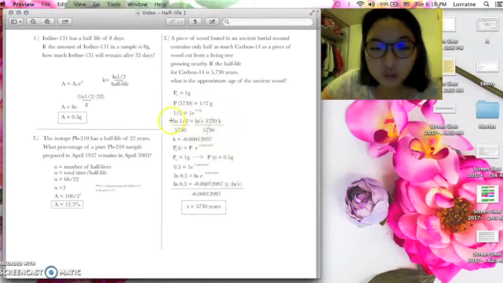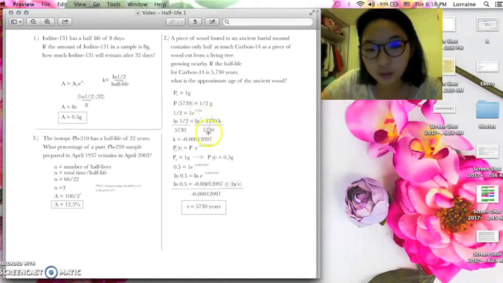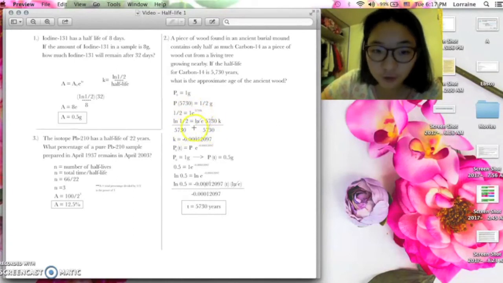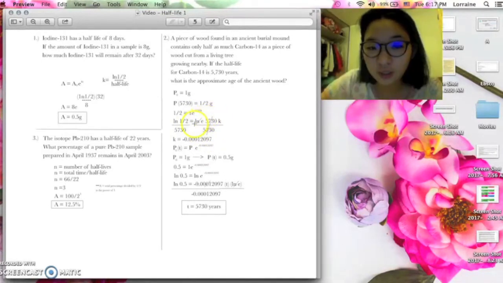So with algebra, we have ln of 1/2 equals ln of e to the 5,730k. This time, the exponent will not be an exponent anymore. Then we cancel out the redundant numbers like 5,730, and we cancel ln of e, since ln of e is always equal to 1.